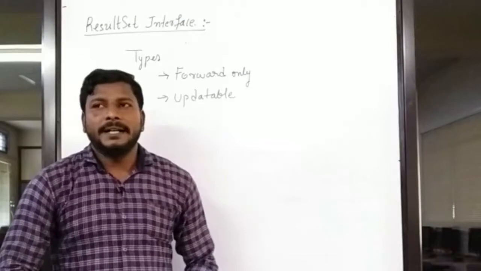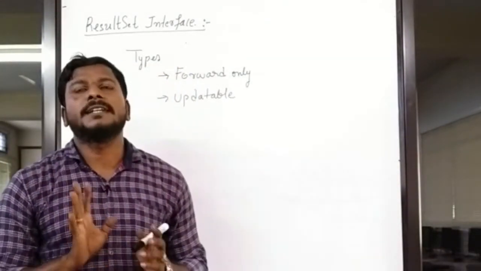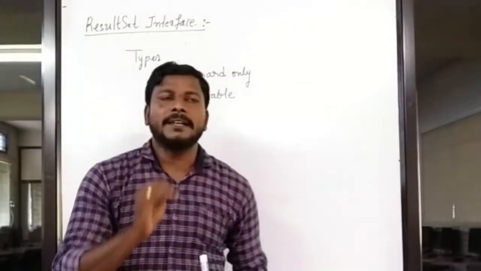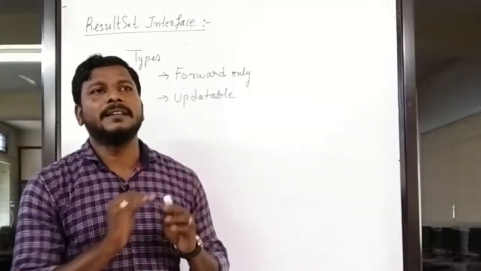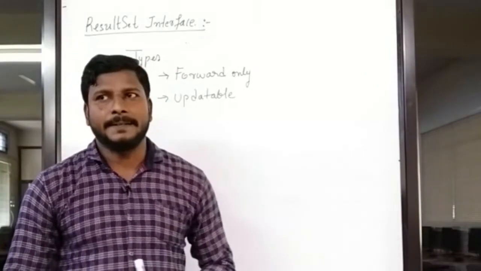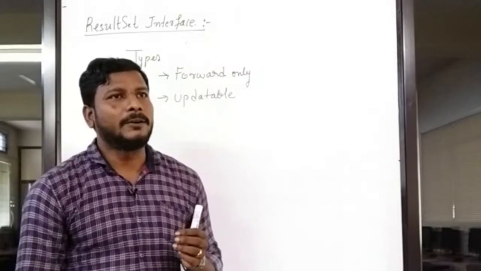By default, if I have not specified any type, the result set is forward only. That is, you can navigate only in the forward direction, and it's not possible to update the values in the result set. It is read only and you can navigate only in the forward direction.